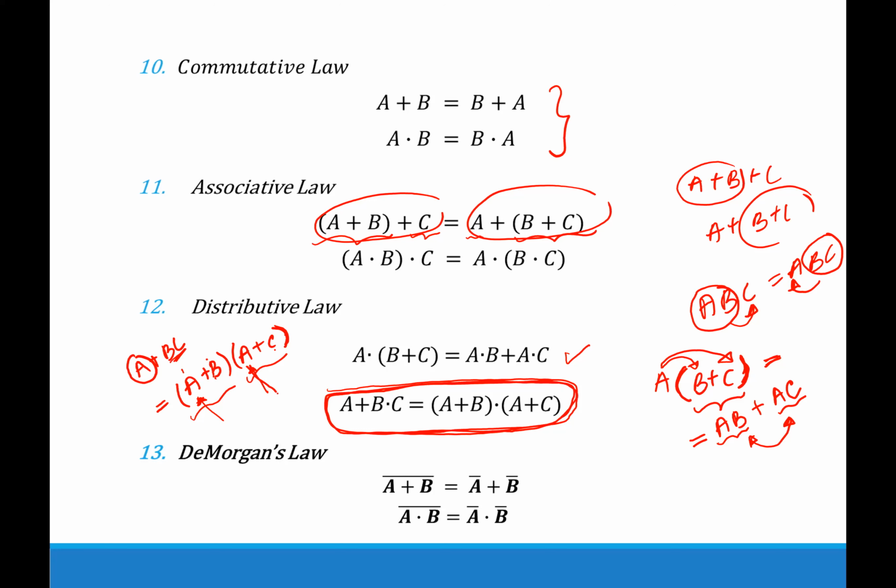In the first case, we have B, and the next case, we have C. So you can remember that if we have A plus BC, we can split that into two factors, A plus B and A plus C. You need to remember that.